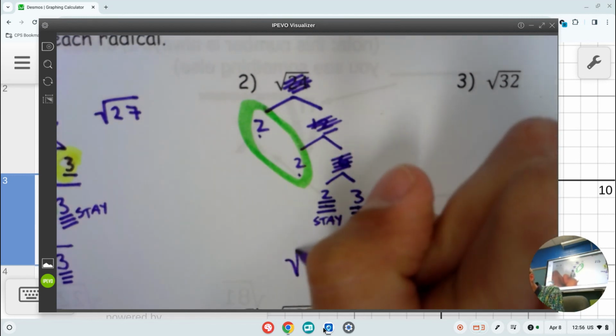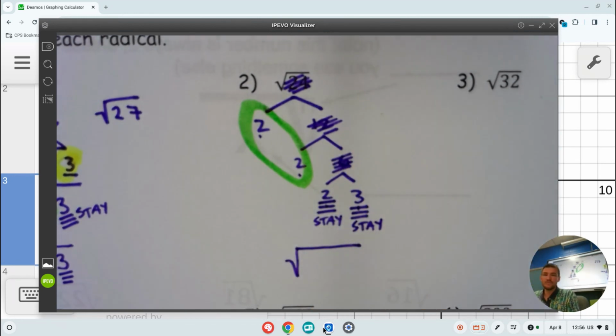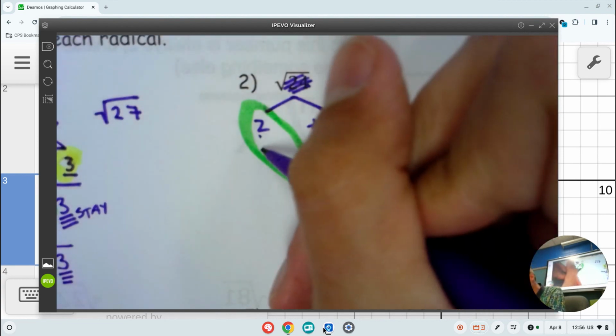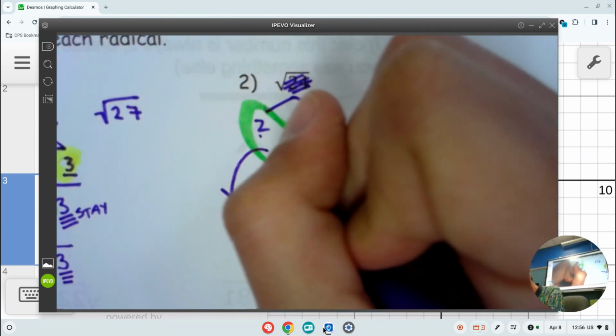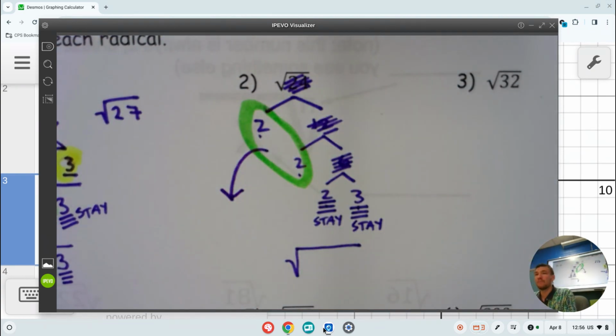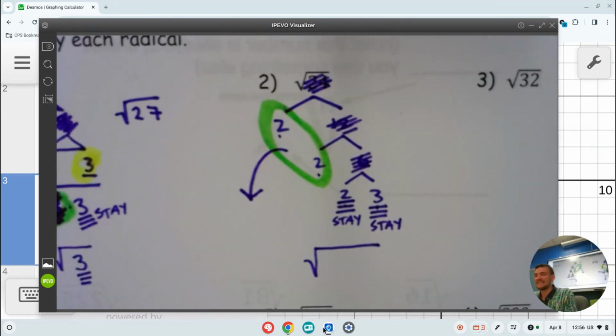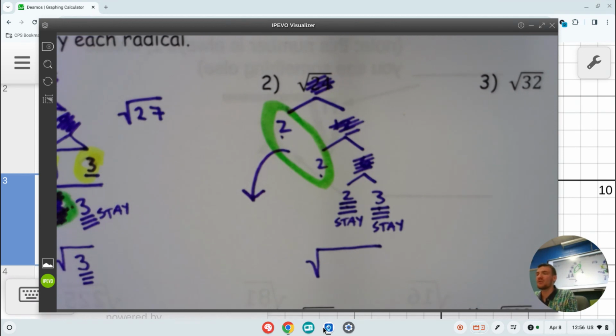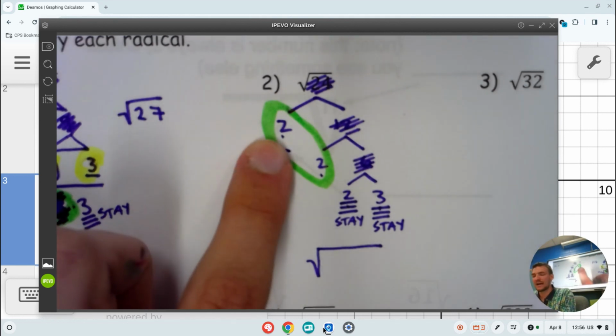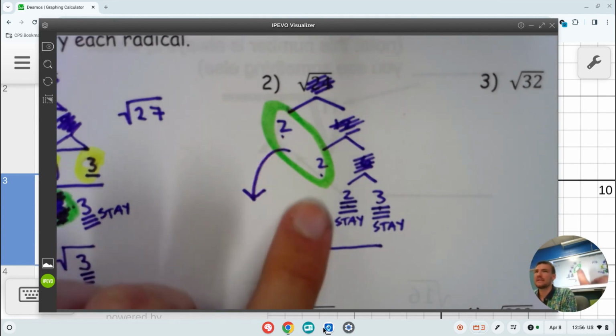So we're going to draw our little square root. The 2s are going to try to break out. But remember, the whole reason I did this prison thing is that only one of those 2s actually makes it out. A very common mistake is that people will try to say that both of these 2s make it out.